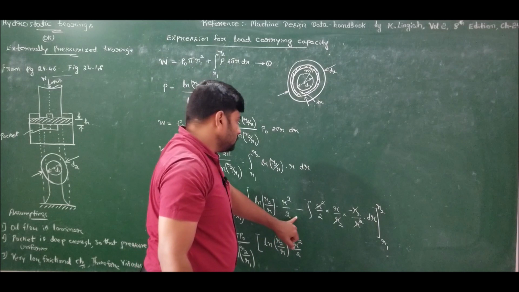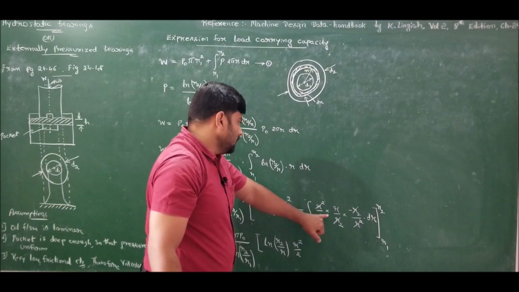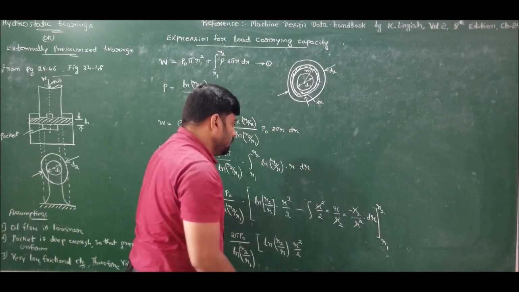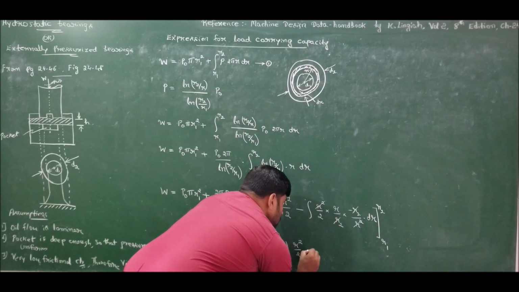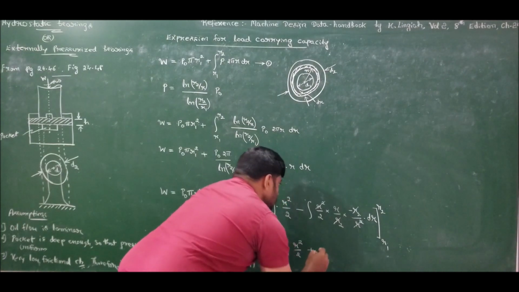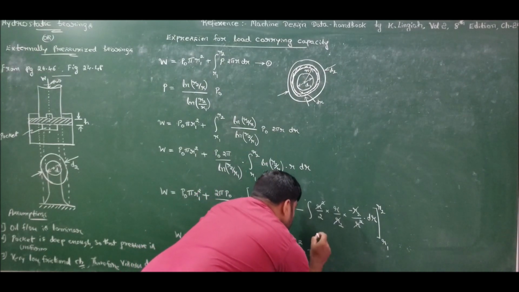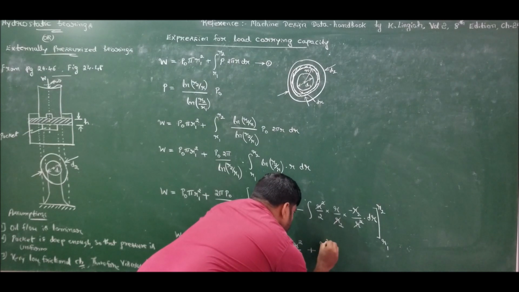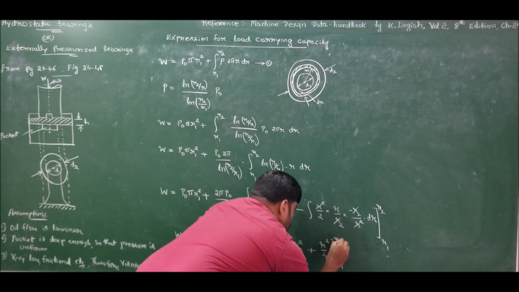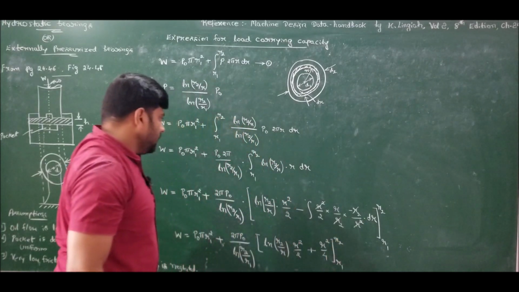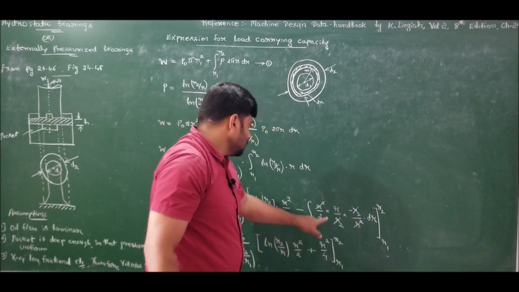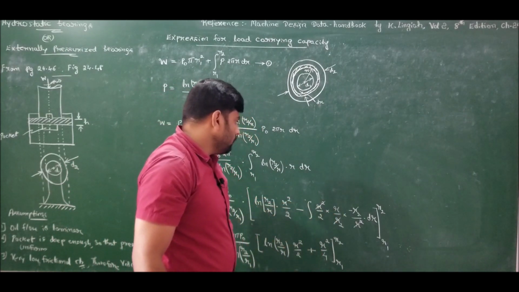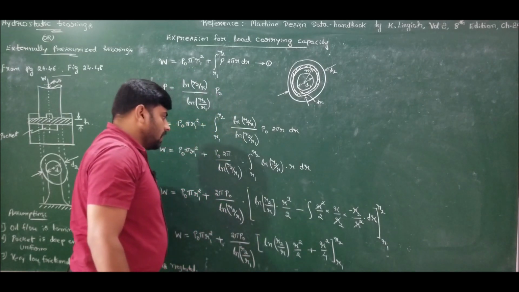Now integral of r by 2 is r square by 4. Minus of minus will be plus. So we have integral of r by 2 is r square by 4. Limit is from r1 to r2. Right? Ln r2 by r square by 2, minus of minus is plus, integral of r by 2 is r square by 4. Limit is from r1 to r2.